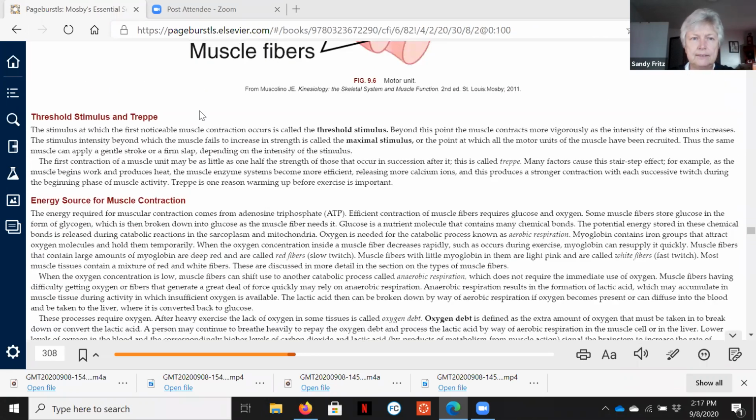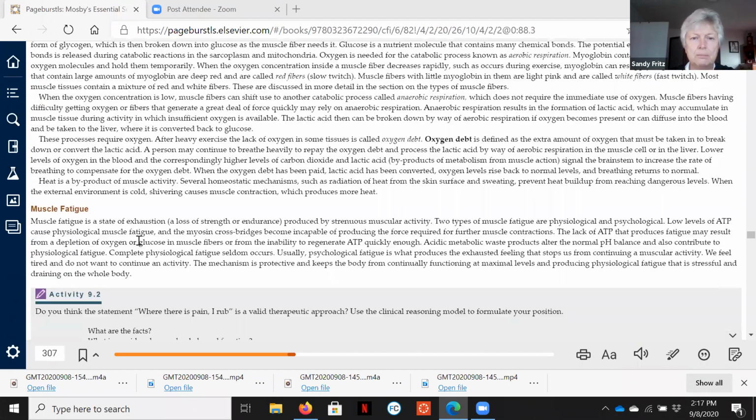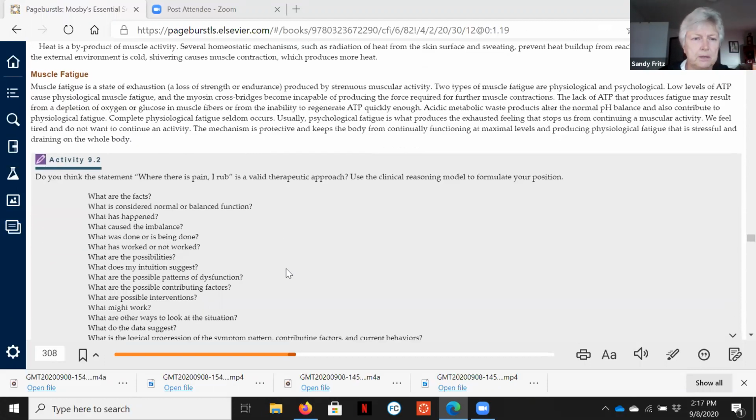Now, if any of these things aren't lined up, then the contracting and or the letting go aspect of this, the concentric and the eccentric function, it's not going to work very well. And that can often be perceived as fatigue or stiffness or tightness or any of the other musculoskeletal sensations people experience.